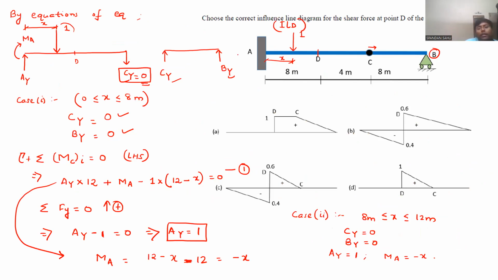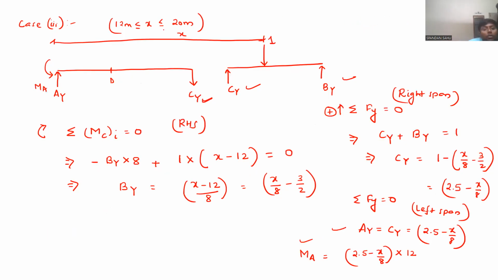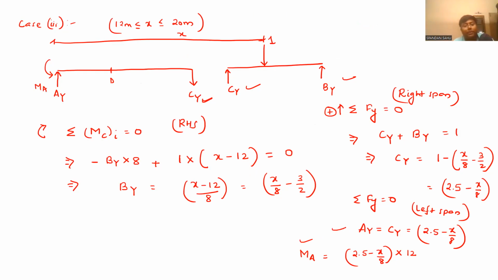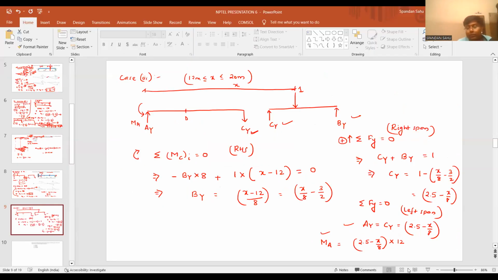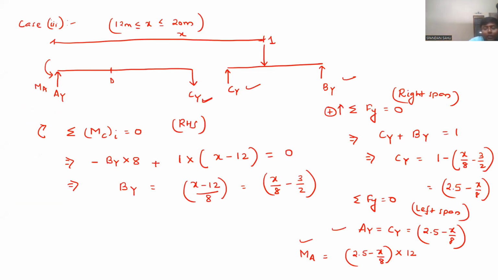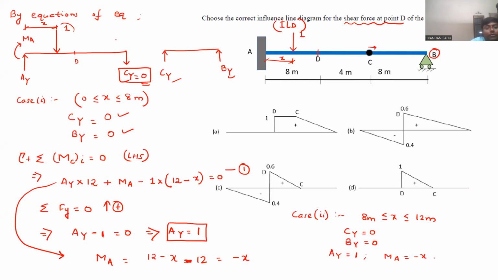Now we can calculate, for our stress function, the shear force at point D. Now to determine shear force at point D, let me add one more slide. Now cut the section at D. I am cutting the section at D.